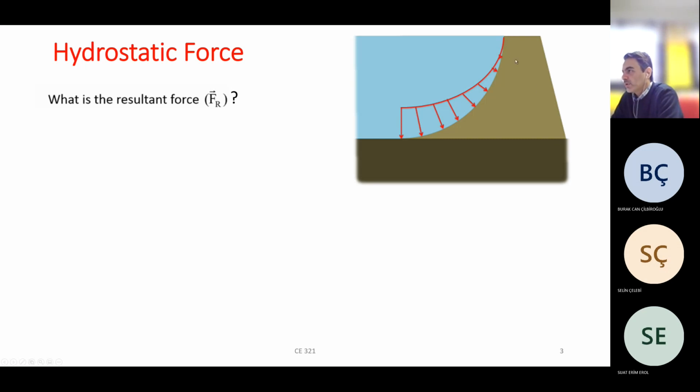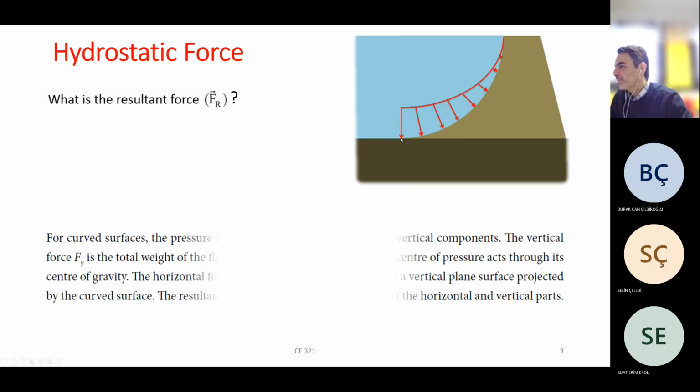Here you see an arc dam, for example, and this surface is not linear, and this is the water pushing this surface. As we already know, pressure increases going deeper into the water, for example at the bottom here, and pressure is always perpendicular to the surface. At this point, I have the greatest amount of pressure, acting perpendicular to the surface.